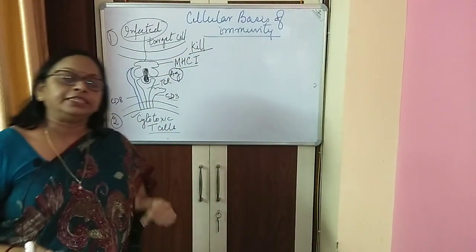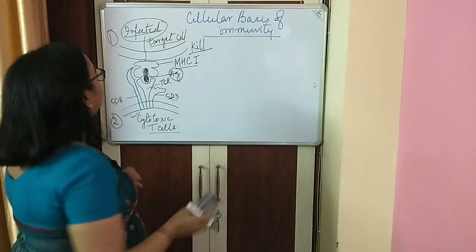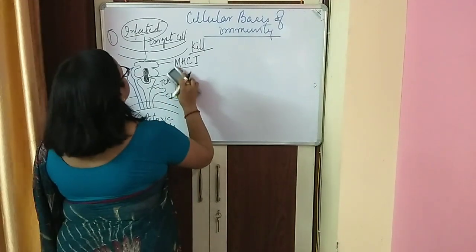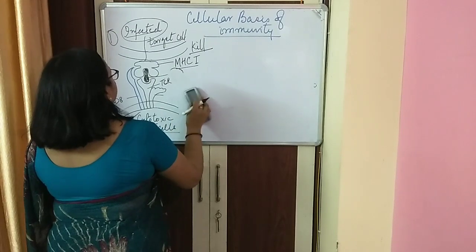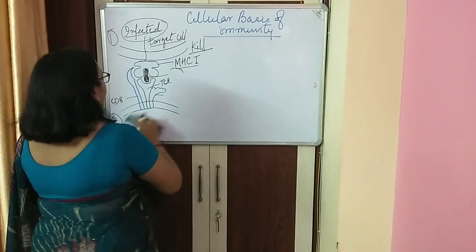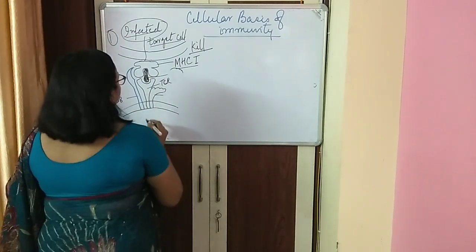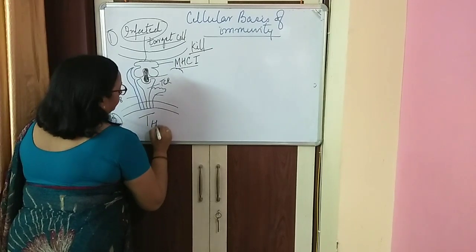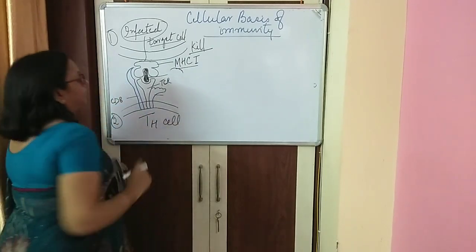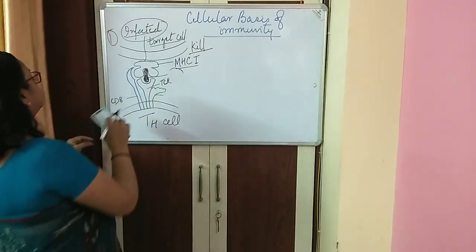Suppose it is a T helper cell, then what will happen? I am going to convert this into a T helper cell. So what will change here?